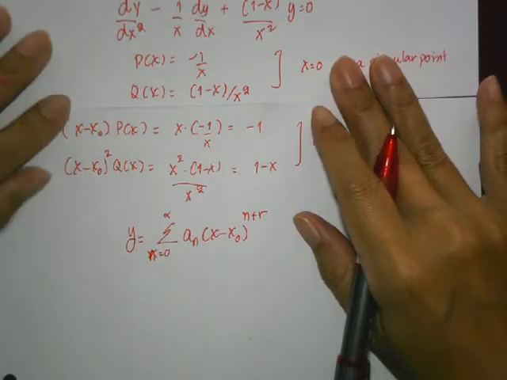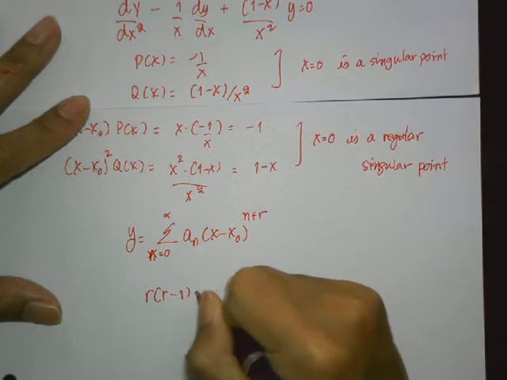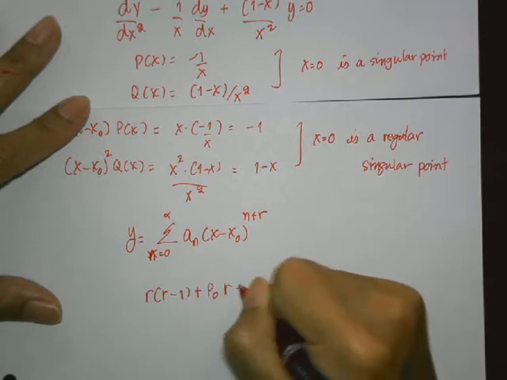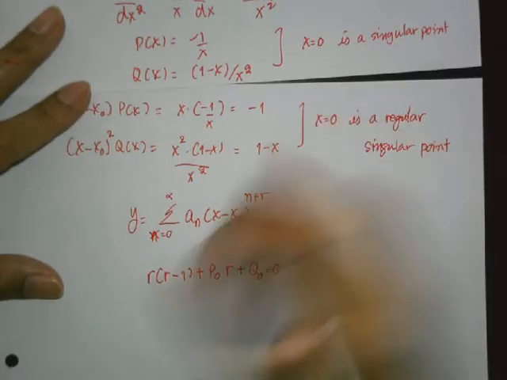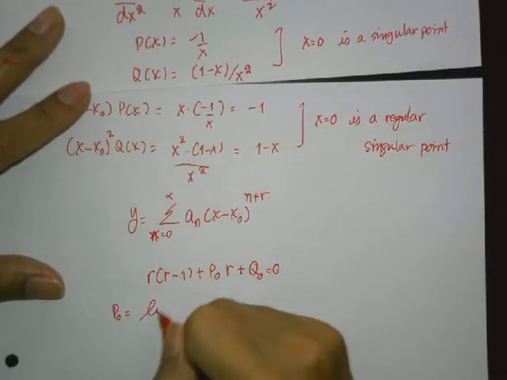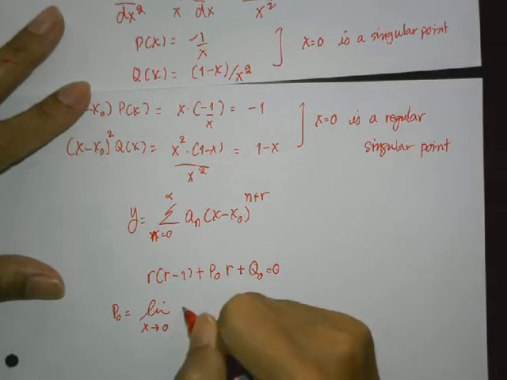Our indicial equation says r times (r minus 1) plus p0 r plus q0 equal to 0, where p0 is equal to the limit as x approaches 0 of x p(x).